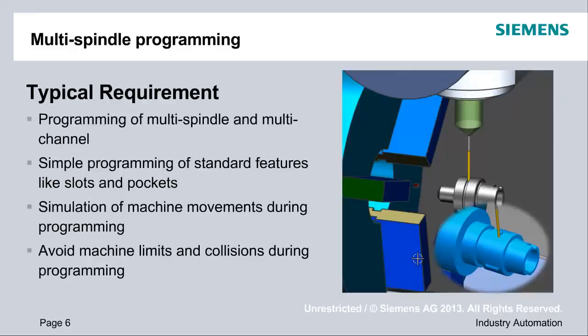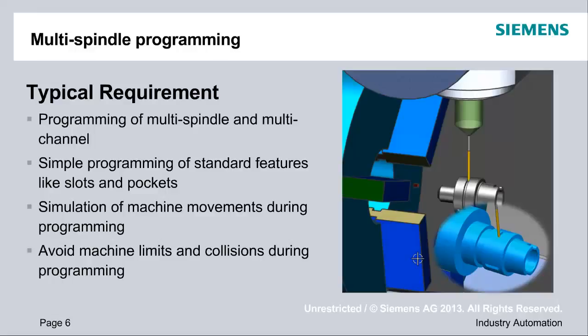So for mill-turn programming on a main and on a sub-spindle with probably two machine channels, where each channel has a tool assigned, in this case one top channel and a turret on the lower channel, I want to talk about these typical requirements for programming of multiple spindles and multiple channels.